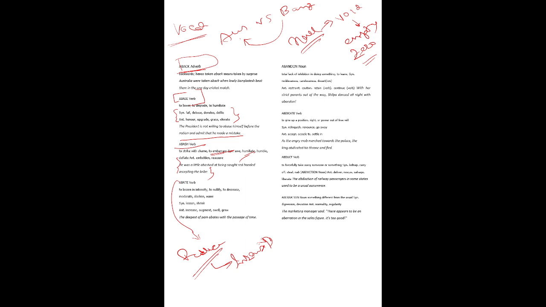So if we look at a sentence having a philosophical explanation, then we shall find out: the deepest of pain abates with the passage of time. So what does it mean? Let's suppose that someone is hurt. Not hurt physically, but mentally.